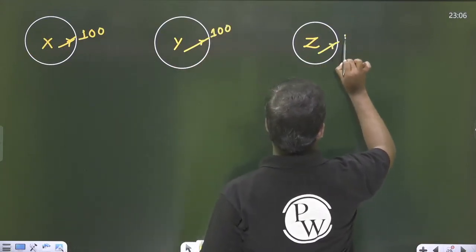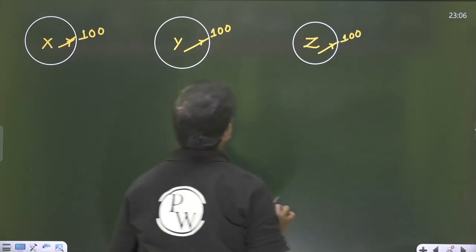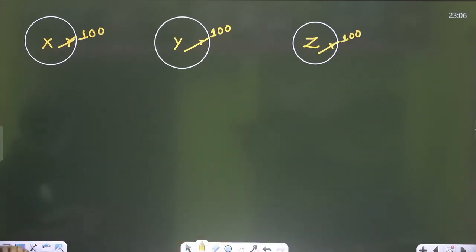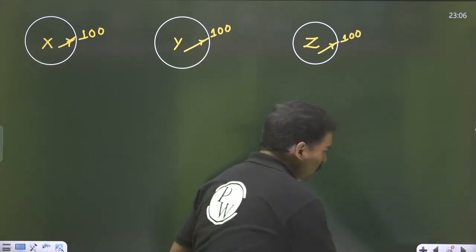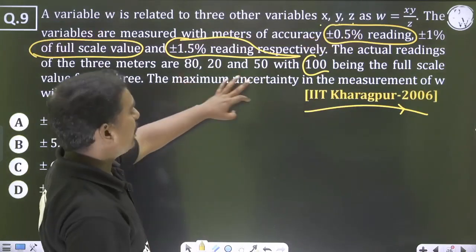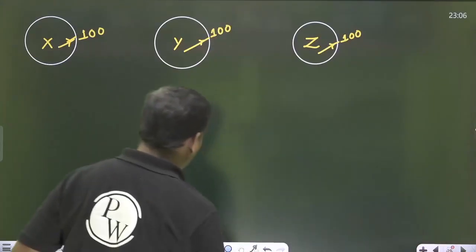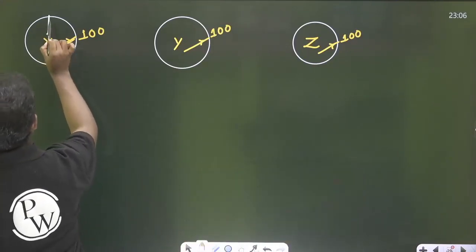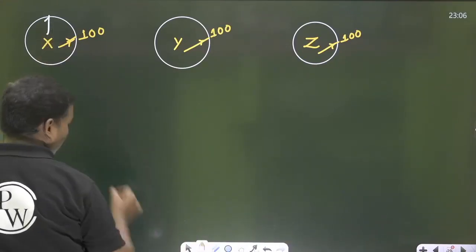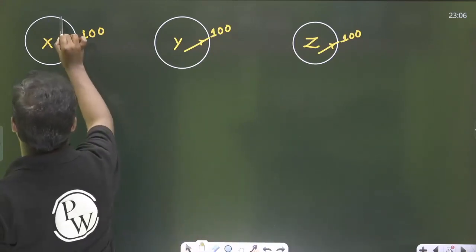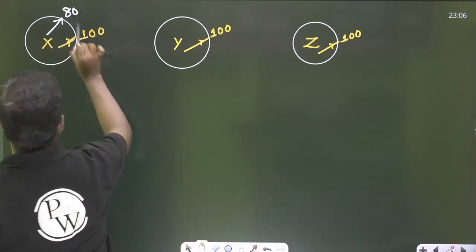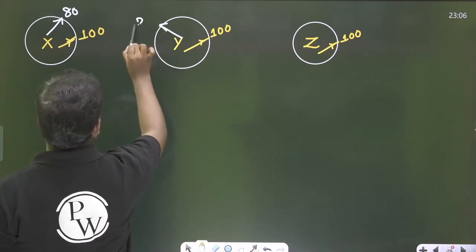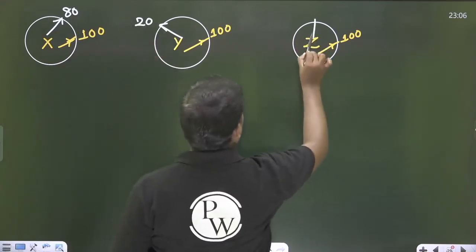Next, the actual readings are 80, 20, 50. For x, the reading to be measured is 80, for y it is 20, and for z the reading is 50.